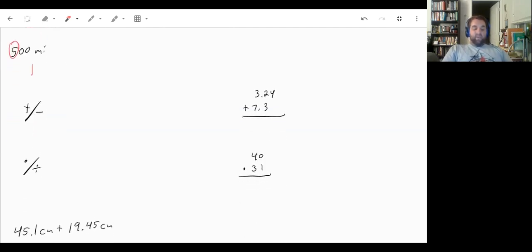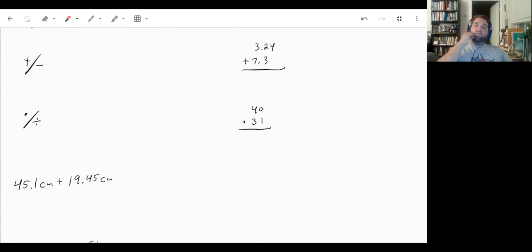Now, the last thing we have to learn about is when we're doing either addition, subtraction, or multiplication, division using significant figures. When we have addition and subtraction, our rule is we have to round to the position of the last significant digit of the least precise measurement.